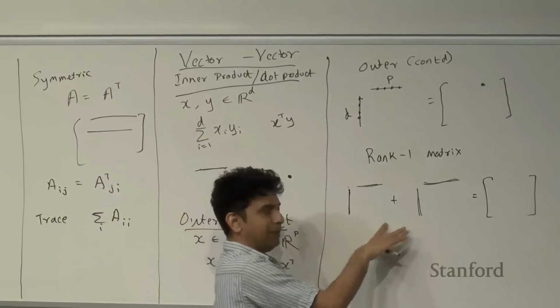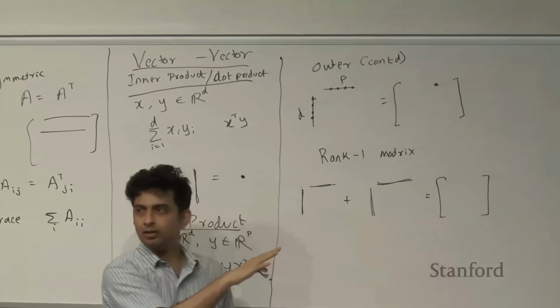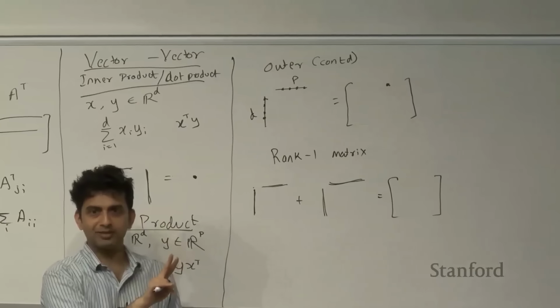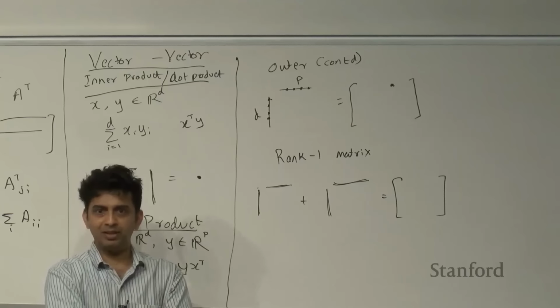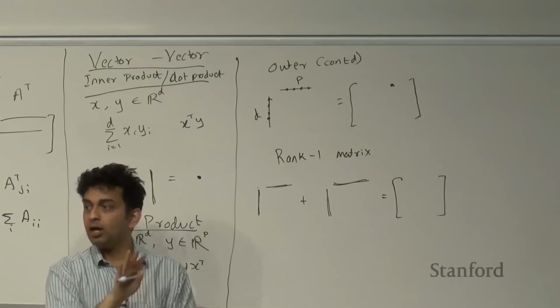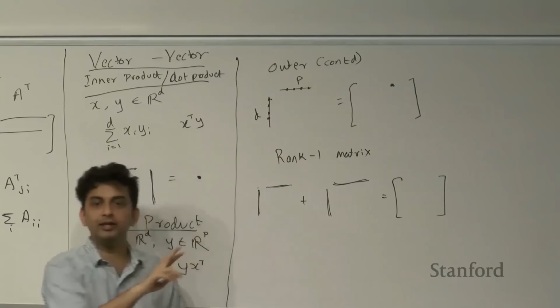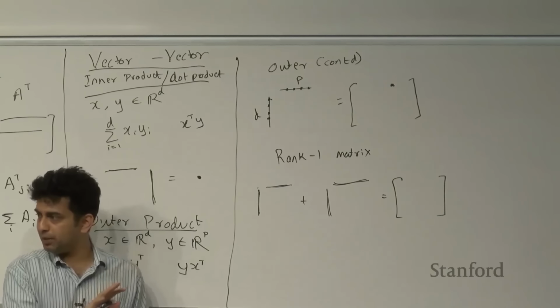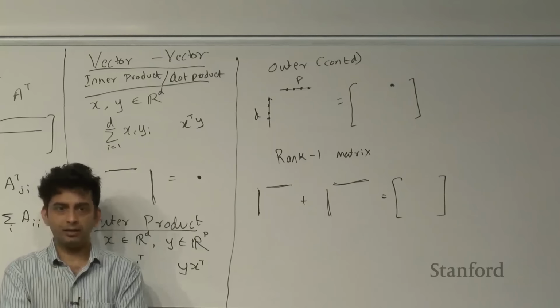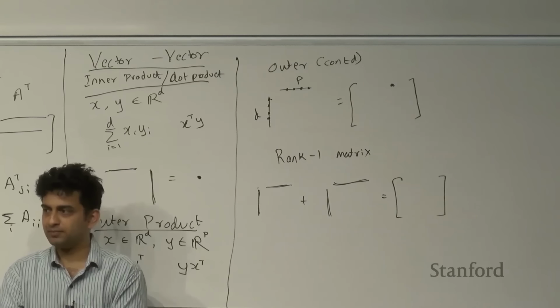You take two rank 1 matrices, you add them up, and you get a rank 2 matrix, assuming the vectors are linearly independent. If the vectors are linearly independent, you take two rank 1 matrices, add them up, and you get a rank 2 matrix.